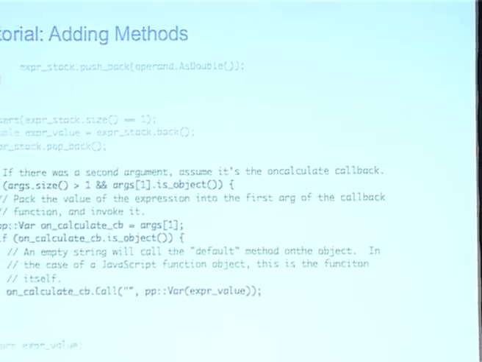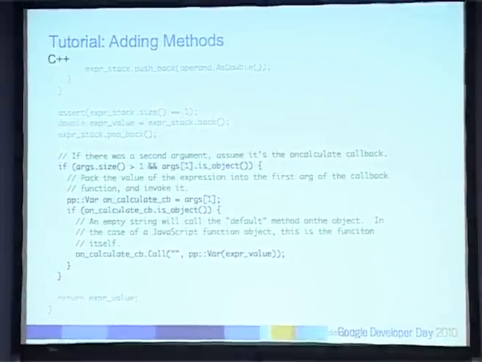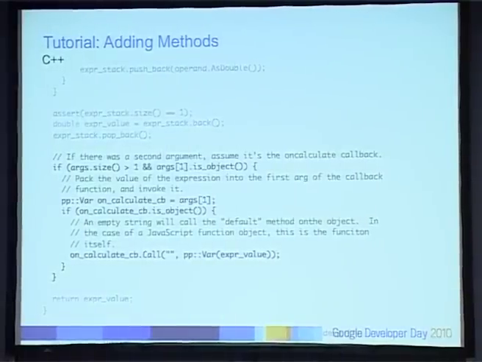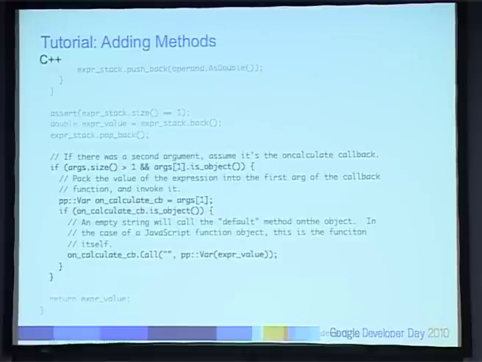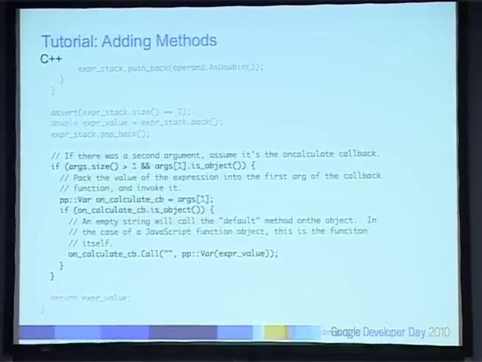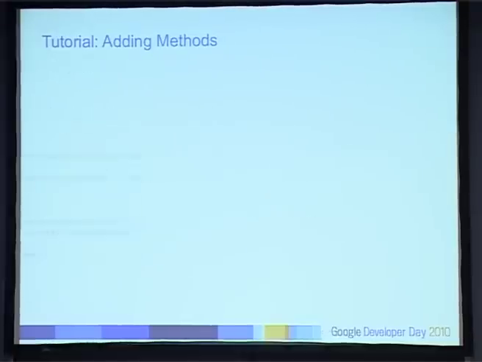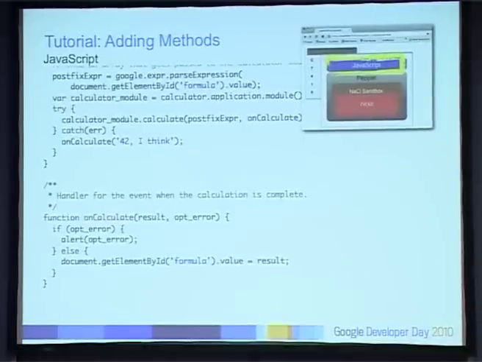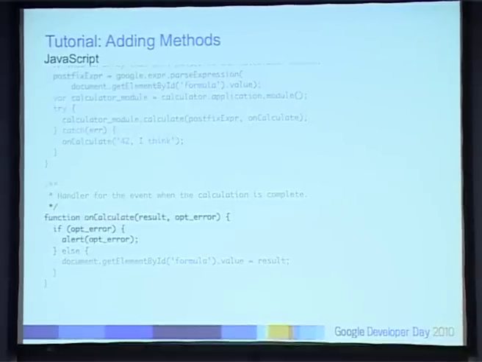If you give it a JavaScript function object, this is just a Pepper thing. And I take the expression value, which is my double, turn it into a JavaScript object, and then send it back to the function object in the JavaScript code. And back in the JavaScript code, this is what it looks like. So this is going to get called.